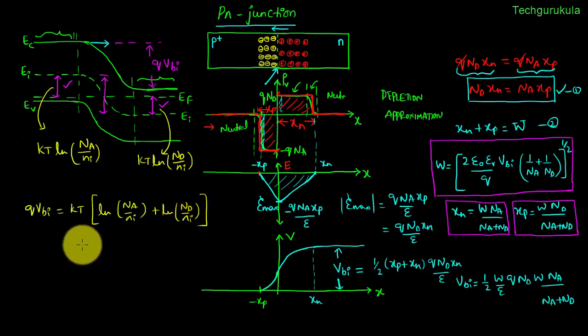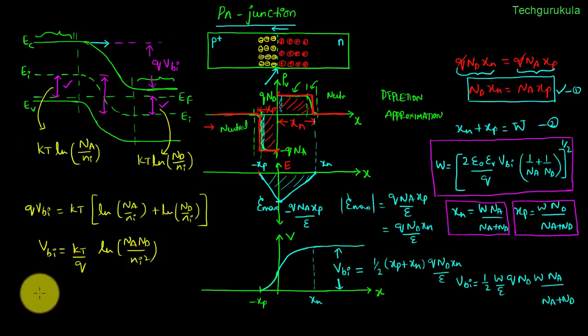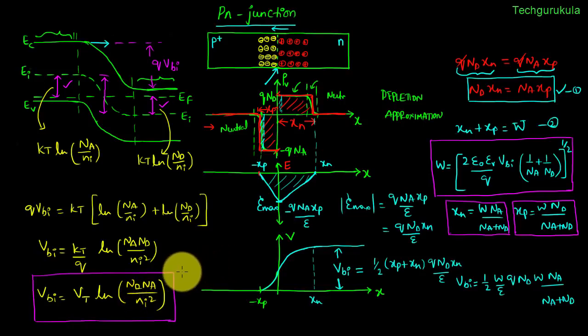This can be written as KT times ln of Na Nd over ni square, and for VBI times Q, let me send the Q to this side. So we can finally write VBI is equal to Vt, the thermal voltage, times ln of the doping concentration products on both sides divided by the intrinsic carrier concentration squared. This is another important equation.